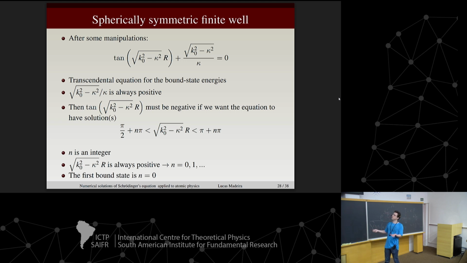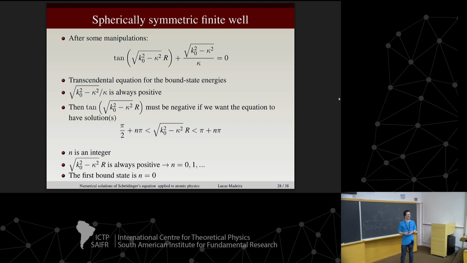Okay, we can't solve this analytically, but if we look at it, we can get some conclusions that are going to help with our discussion here. This term here is always positive. Why is it always positive? My energy is negative, but I defined it such that E equals minus kappa squared, so kappa squared is positive.